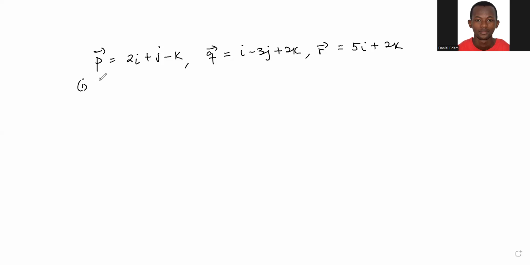Then the first question says you have to find the dot product of P and Q, the dot product of P and R, and I'll leave you to solve Q and R, the dot product of that. So let me solve the first two.